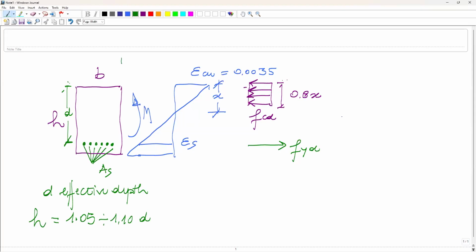But in some older design codes, there was also a strain limit to steel. It was stated that it's better if this strain here remains below 1%. And why this?